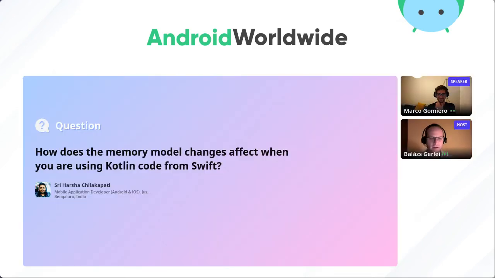Yeah. So next question. It's from Sri Harsha Chilakapati. I hope I won't mess up the pronunciation. How does the memory model change affect using Kotlin code from Swift?